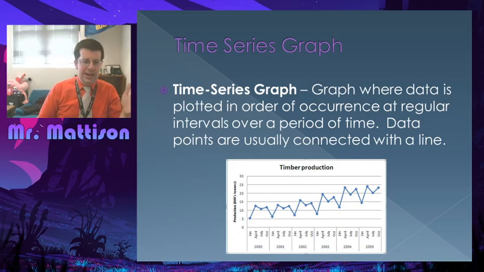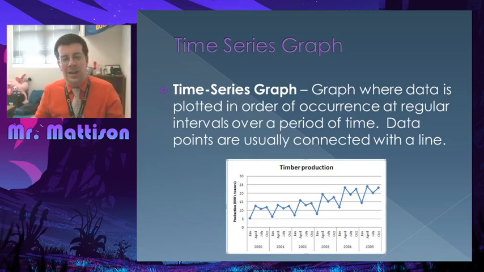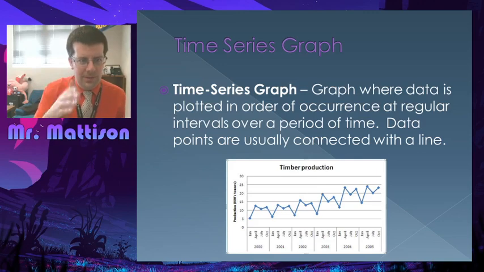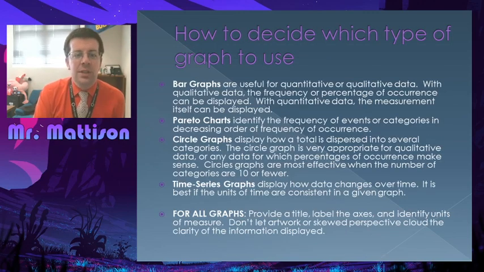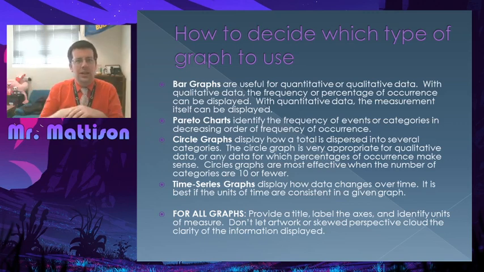If I just had the dots there, it's a little bit harder to see the trend. But with those lines, it really helps show where things go and how they are changing from time period to time period.